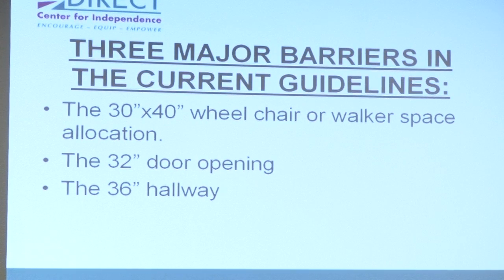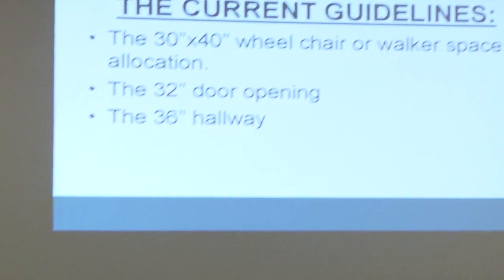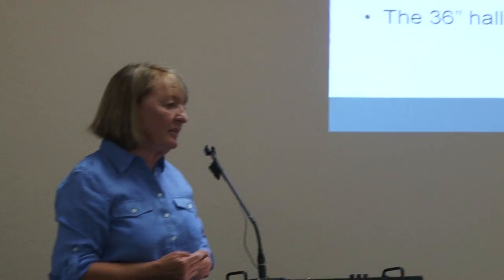Well, I have many, many individuals who are 48 and 50 inches long. And we have a little demonstration set up back here, so you'll have a chance to understand what I'm talking about. The other thing is that the guideline for residential construction is that doorways only have to be 32 inches wide.